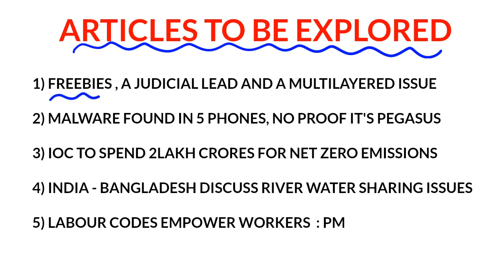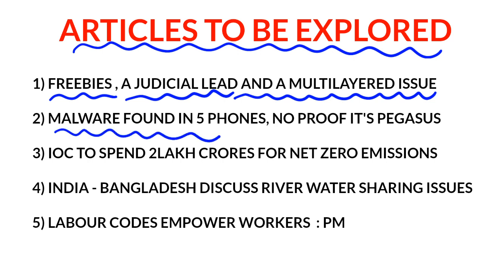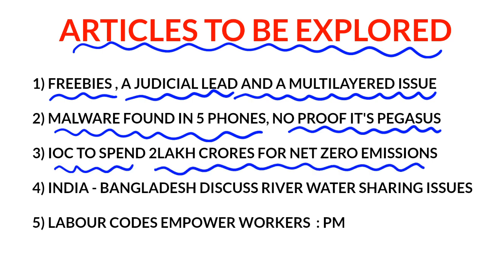Those are freebies, a judicial lead and a multi-layered issue; malware found in 5 phones, no proof it's Pegasus. Clear? We can see this article. And next, IOC to spend 2 lakh crores for net zero emissions.